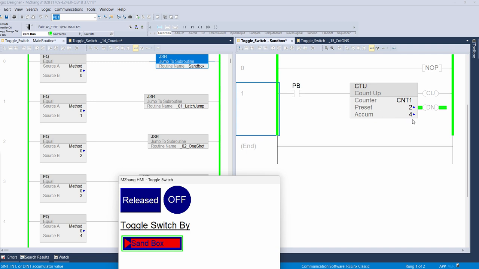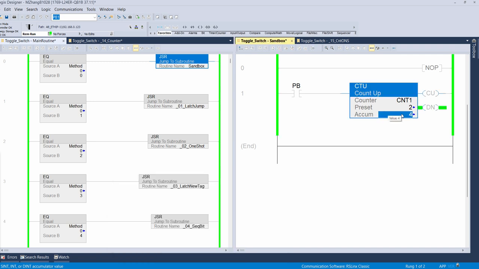But Rockwell did it differently. They allow the accumulate to keep going, but you can check the done bit. The same goes for the Siemens PLC; they also have a done bit. It will tell you your accumulate has already reached the preset. The counter is done. Of course, you can also directly read the value of this double integer.